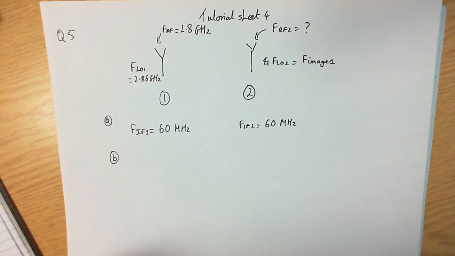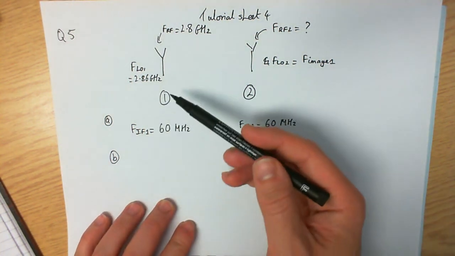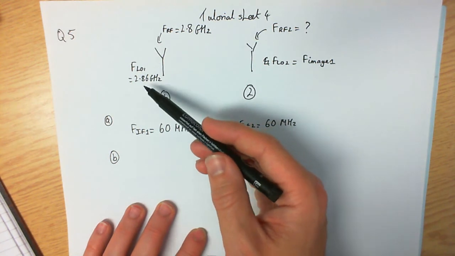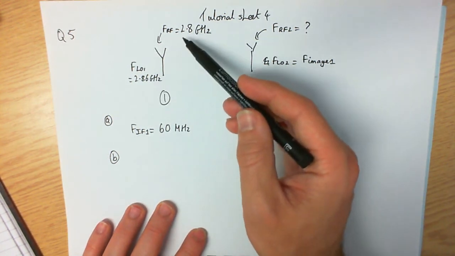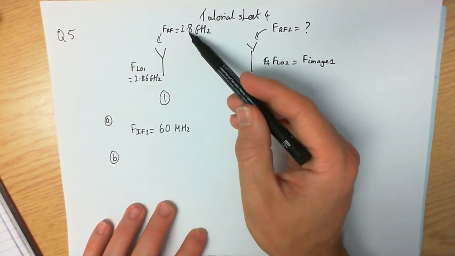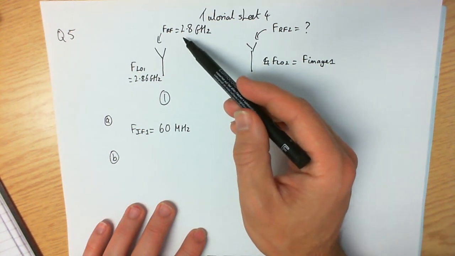So first of all, we've got to work out what the image frequency of the first system is. So the image frequency in this case is twice the IF above the RF frequency.